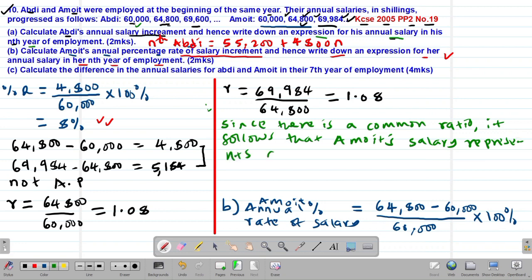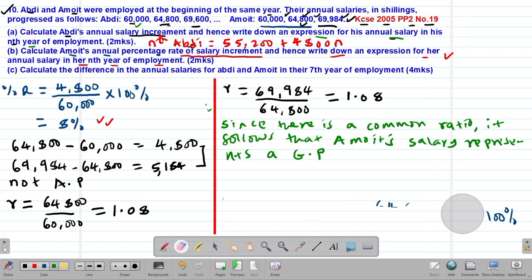It represents a GP, because there is a common ratio. Now, let's proceed with the question. We are told to calculate Amoit's percentage rate. We have already computed that, and hence write down an expression for the annual salary in her nth year of employment. So in short, they just want us to find the nth term of this particular GP.